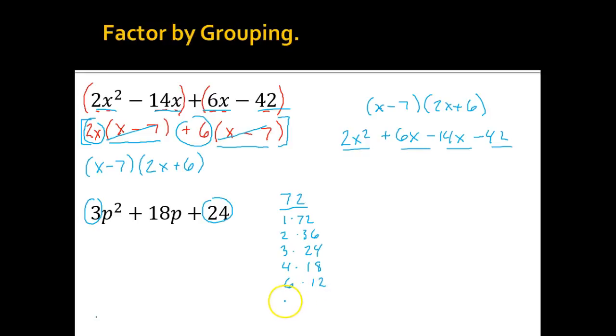And we can stop when we get the pair of factors that add up to that middle number, which we have, 6 and 12. 6 plus 12 is 18.